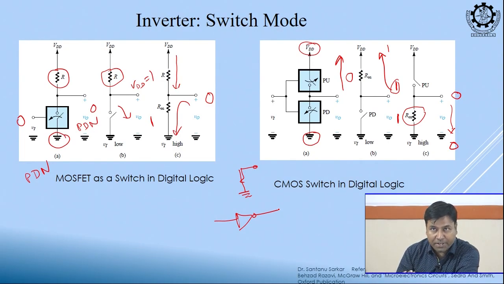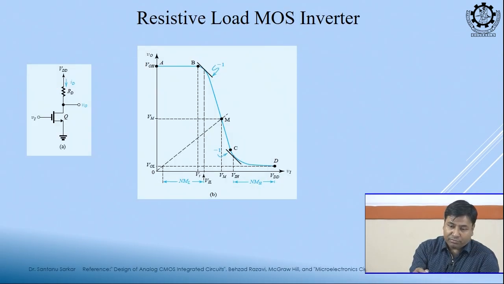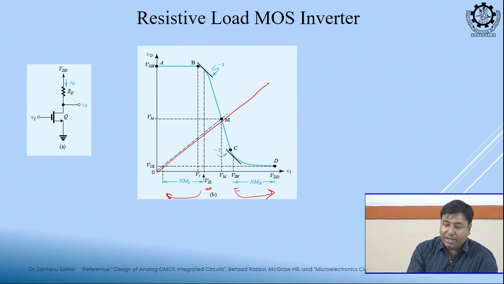So, this is our VTC and these are some important points, that is VIL and VIH, and this is known as our noise margin low and this is known as noise margin high, right. And if we draw a straight line at the middle, this is my middle point of this VTC, right.